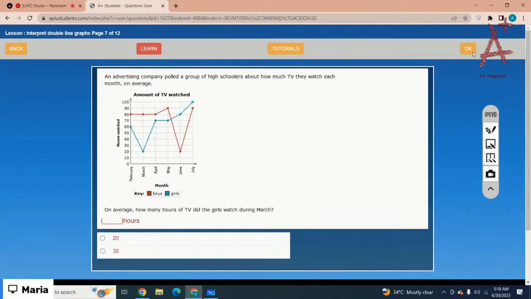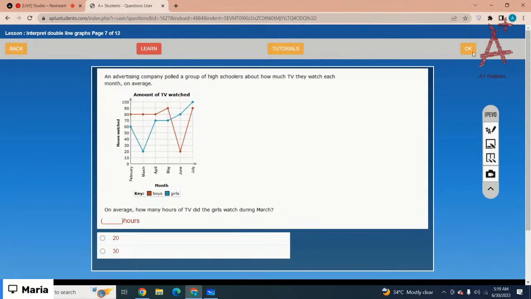Okay, the next one. An advertising company polled a group of high schoolers about how much TV they watch each month on average. So on average, how many hours of TV did the girls watch during March? Okay, so here you have two lines that represent boys and girls in the graph, the red line for the boys and the blue line for the girls.